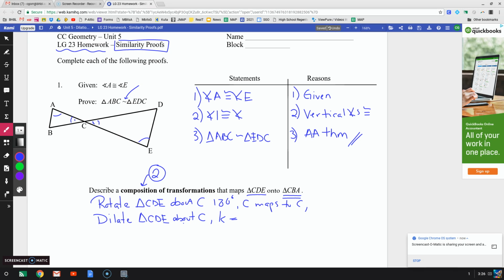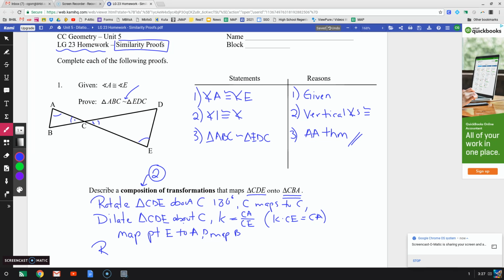So my scale factor is going to be CA over CE. That then tells me that if I do K times CE, that it's going to shrink it down to CA. That will then map point E to A, and D will map to B.